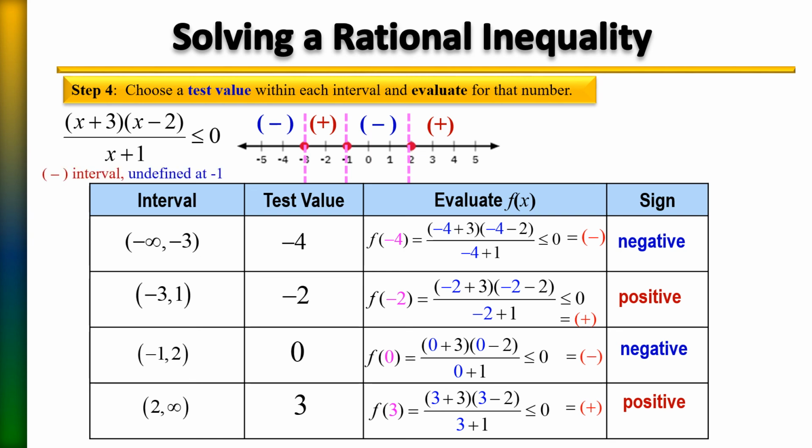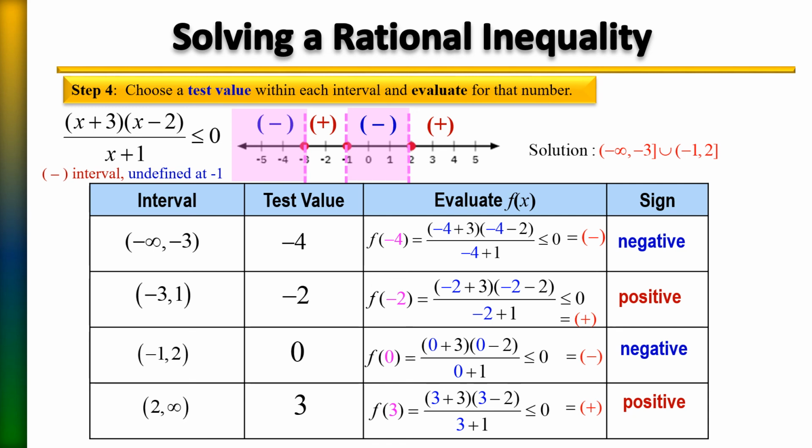And also we have to remember that we cannot include 1 in our solution. So when we write it in interval notation form, we're going to have a parentheses around -1 and a bracket with where -3 is, a bracket where 2 is, and a parentheses around -infinity. So it's going to look like so once you write it in interval notation form.